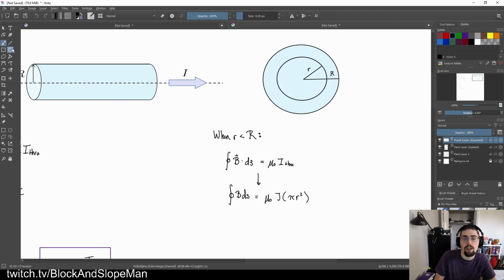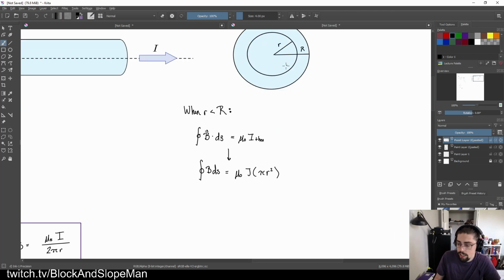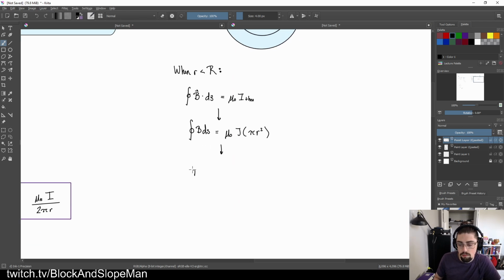That says let's take the current density of the entire wire and let's only focus on this spot. That's the only spot that we actually care about. So let me carry on with that, right? Let's just kind of leave that as is for another minute or two. I know my integral B ds is going to come out to be B times 2 pi r.